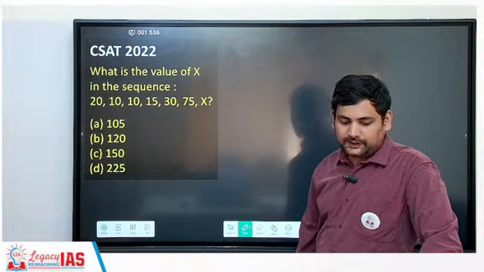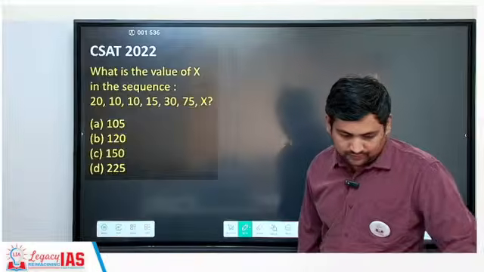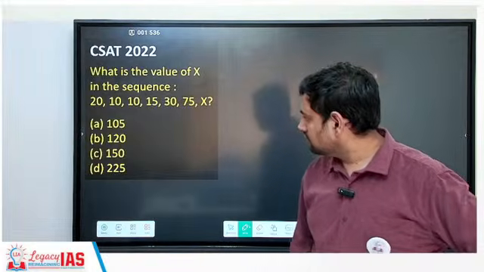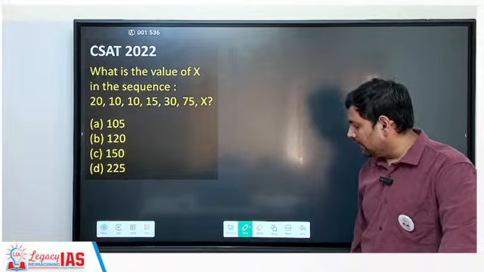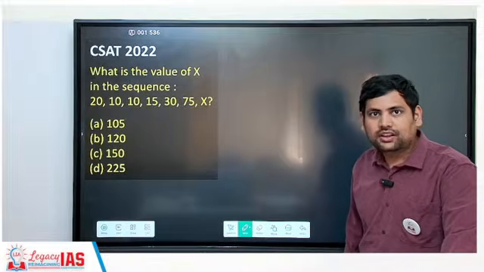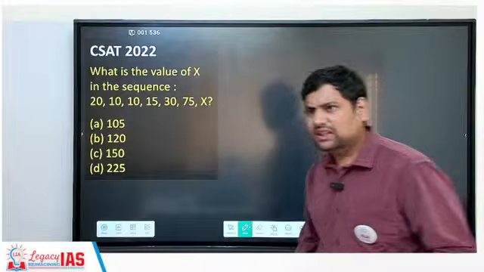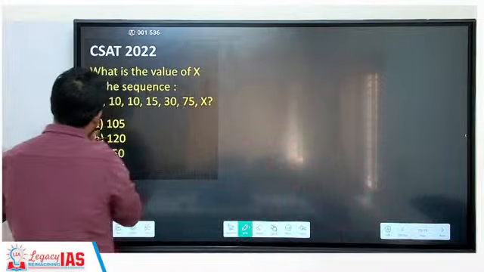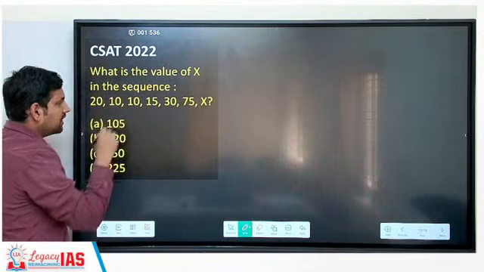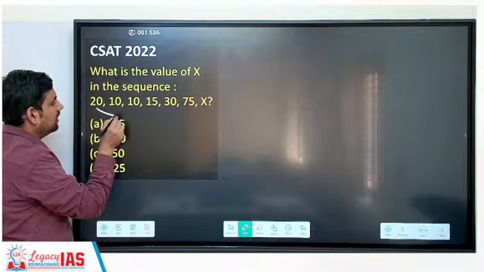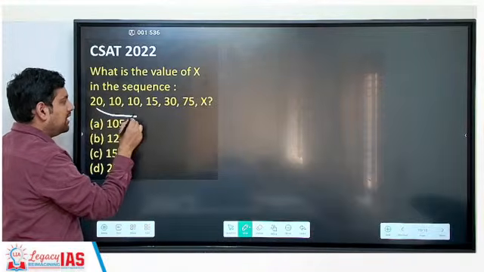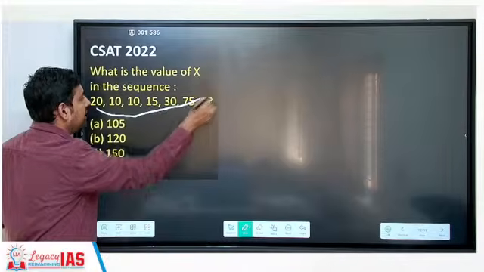You have to find the next term. So first, what kind of series is this? If you see here, from 20 to 10 it is decreasing, then it is constant, 10, 10, then it is 15, 30, 75, it is increasing.